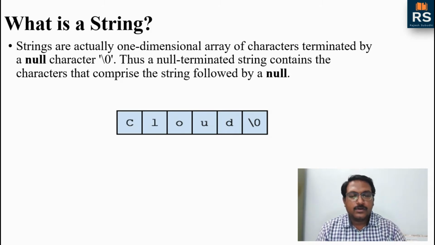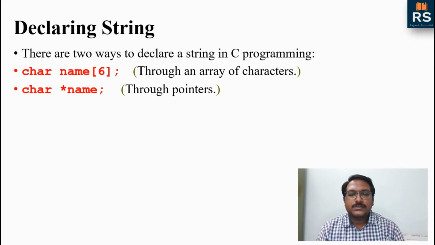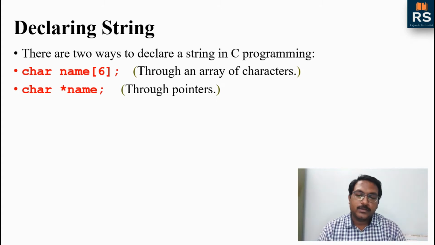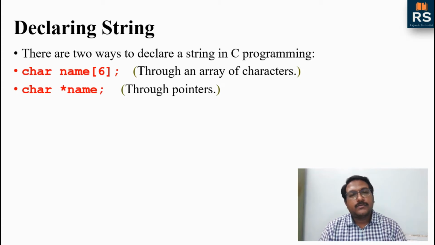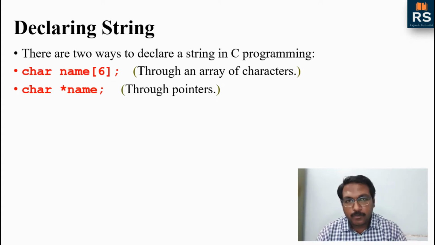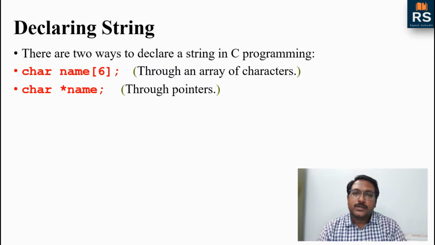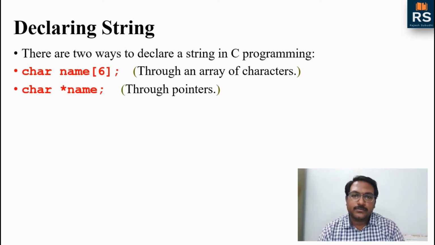So let us see how to declare a string. There are two ways to declare a string in C programming: with the help of a character array or through a pointer. As we already covered pointers as well as arrays, it should be understandable to you. As I told, a string is a character array, so to declare a string we have to declare a character array.